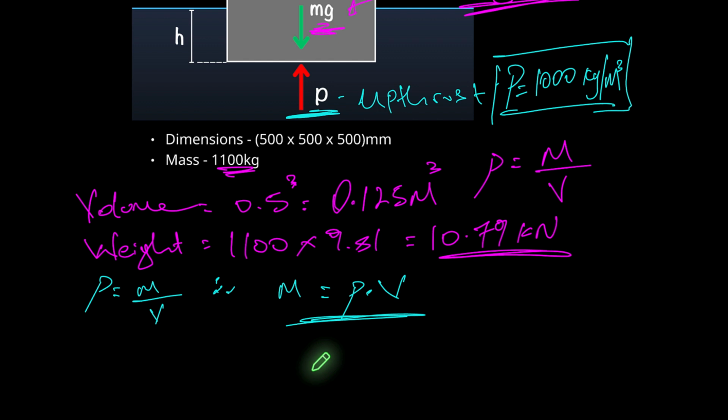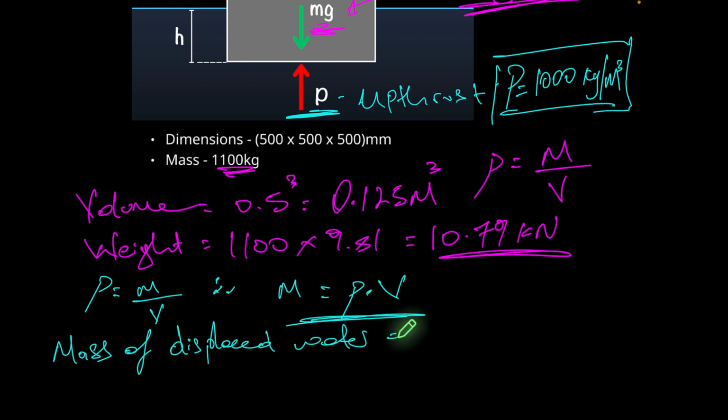Now, very importantly, the volume of our displaced water is actually going to be the same as the volume of the object, because it's the object that will take up that space. So the displaced water is going to be the same as the volume of our object. So let's find then the mass of our displaced water. And that is going to be where we apply the formula here, density times volume.